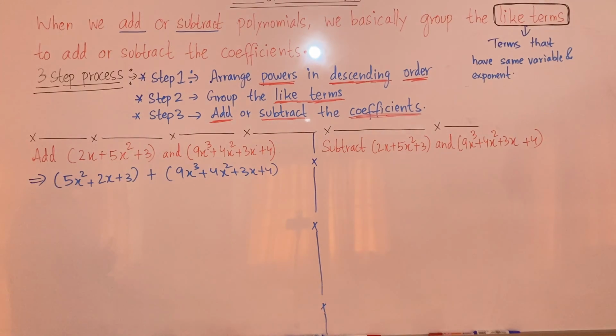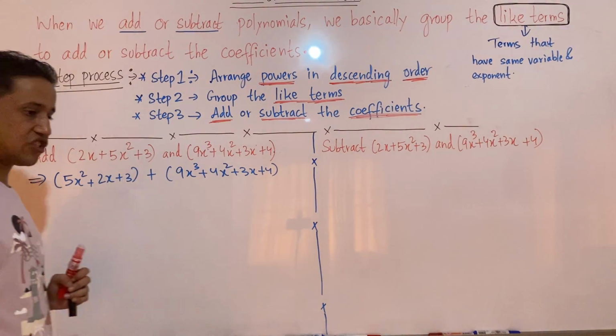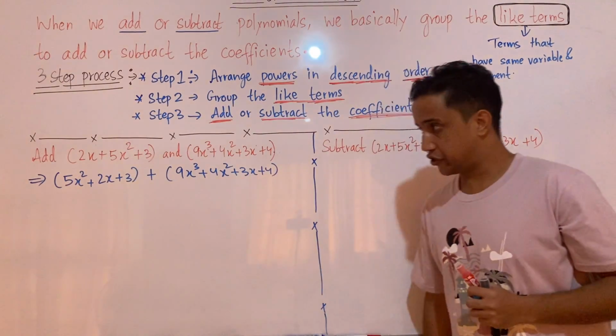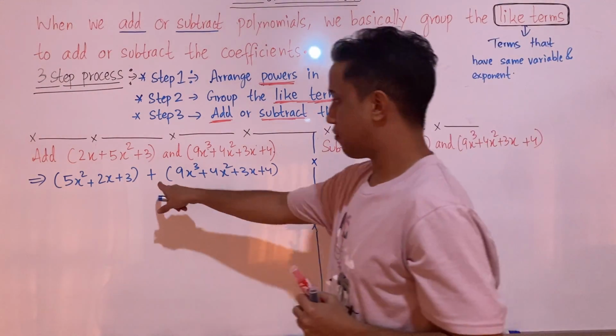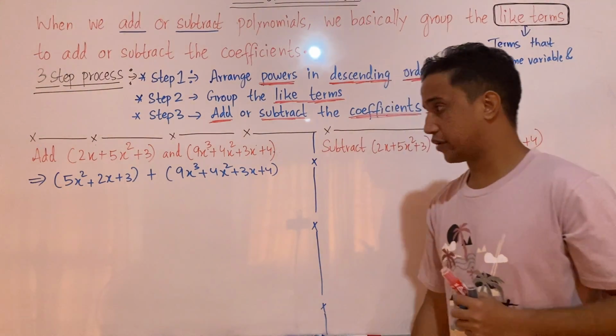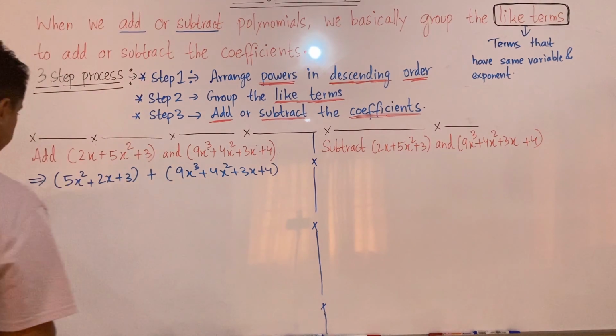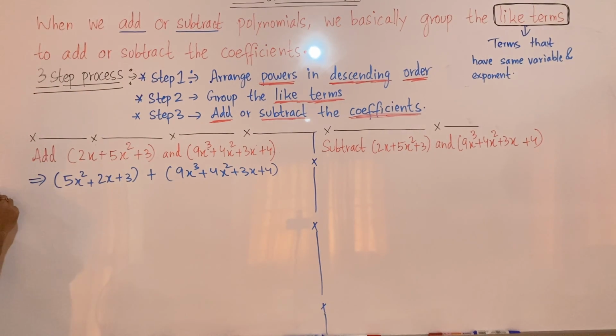Okay, now I have two ways to perform the addition. Okay, so the first way is vertical way. Okay, vertical way means that I will take one expression and I will place one expression over the other.